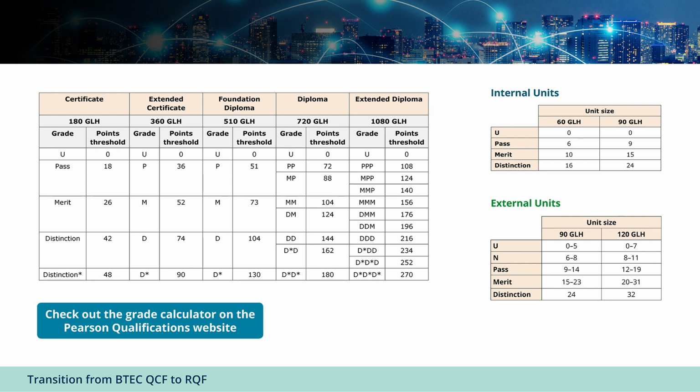The external units also have a near pass grade. You will see this as N in the qualification. This N grade is very important because it allows students to claim a qualification so long as they can achieve compensatory grade points from other units.